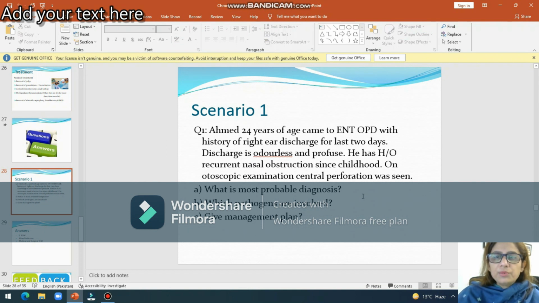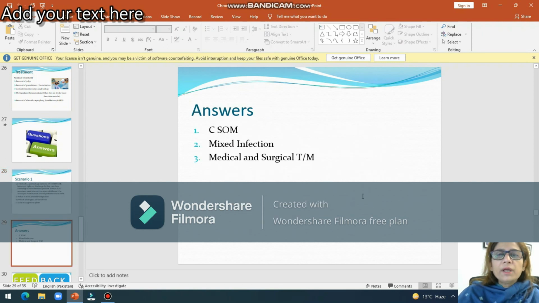The pathogens we have discussed are mixed pathogens. Gram positive is Staph aureus, gram negatives are more common, along with anaerobes. So the management plan is: you will diagnose your case with the help of history and clinical examination. You will do otoscopic examination, perform tuning fork test, examination under microscope, and endoscopic examination with the help of a telescope.